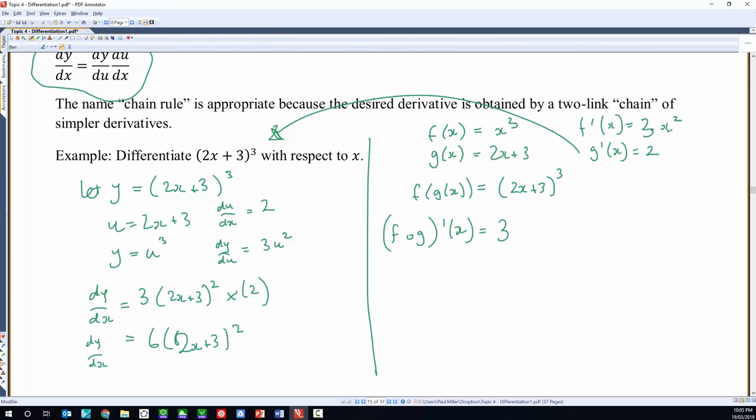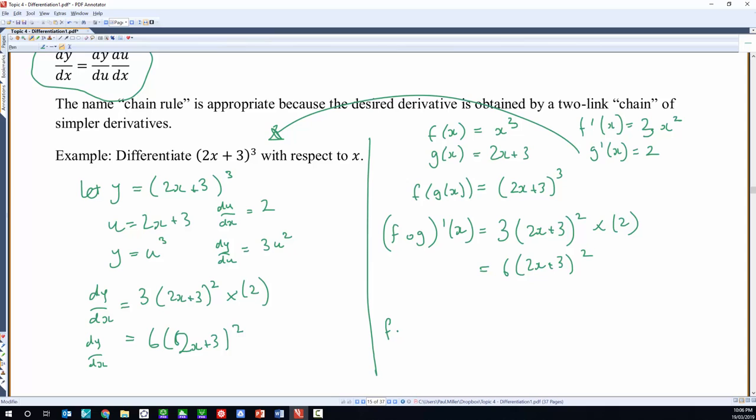Now notice this x here, I'm going to replace it with whatever g of x is. g of x is this, 2x plus 3, all squared, multiplied by the derivative of the inner function, which is 2. So 3 times 2 is 6, 2x plus 3 squared. Right, so that's how I do the derivative with function notation.